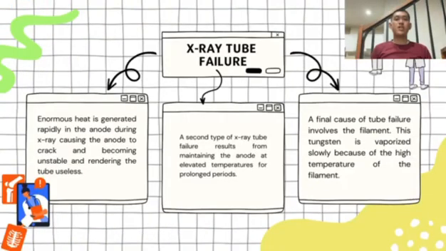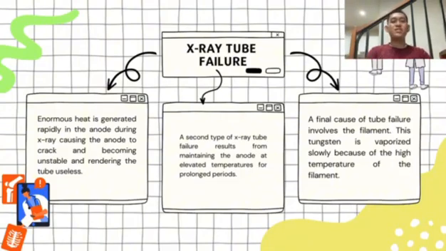The first reason for X-ray tube failure is the rapid generation of heat during X-ray exposure. When the heat is excessive during a single exposure, the tube, which was at a normal temperature before the X-ray, suddenly activates, and the sudden acceleration and excessive heat from its natural state breaks the anode, making the X-ray tube useless.